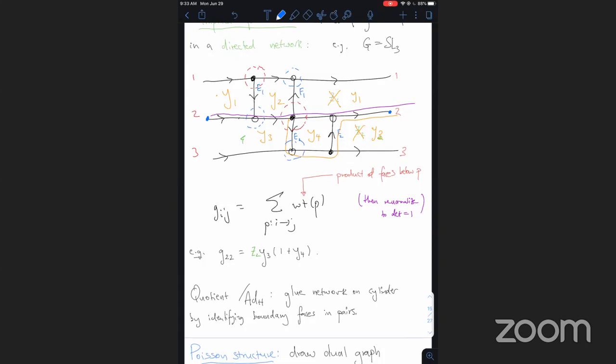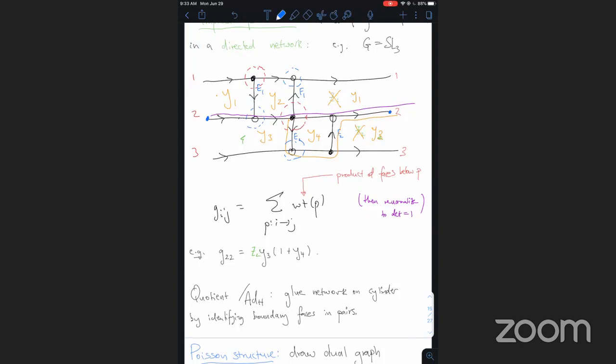Let's agree that we'll call those with exactly one incoming edge black vertices, and those with exactly one outgoing edge white vertices.